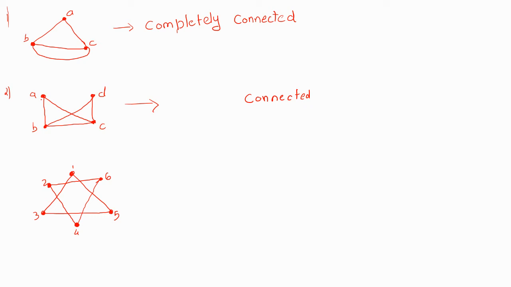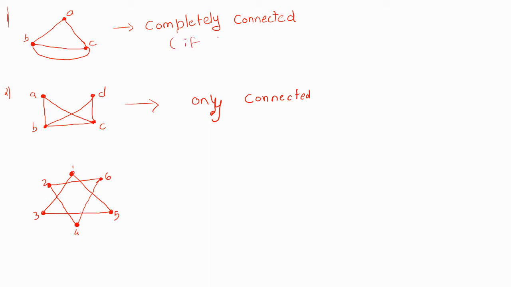In this case, if we consider vertex A and vertex D, although there exists a path between these two, there does not exist any direct edge, right? There does not exist any edge AD. Therefore, this is not completely connected. So we can write this as only connected.